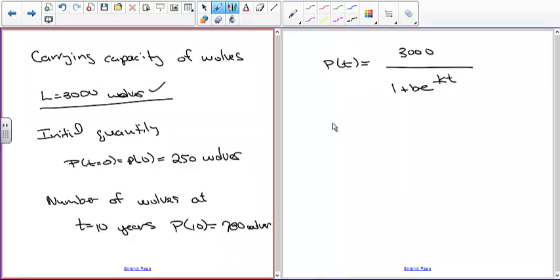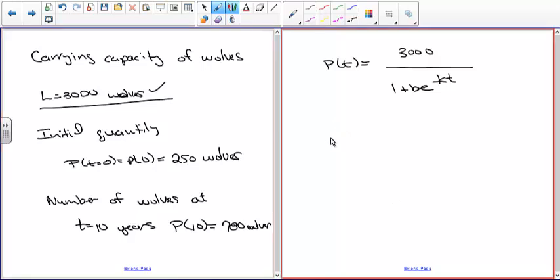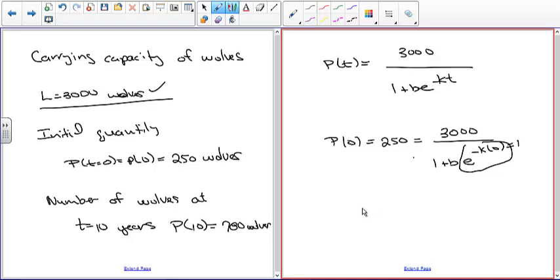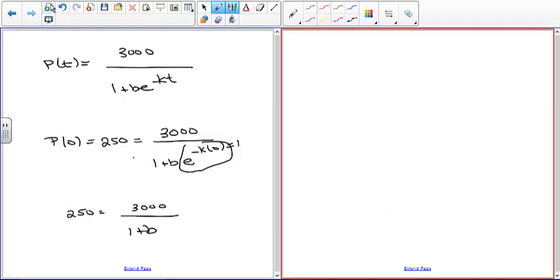The second thing you do is use P of 0, which is 250, equal to 3,000 divided by 1 plus b e to the minus k times 0. So what this does is it allows you to calculate b, because this whole exponential equals 1.